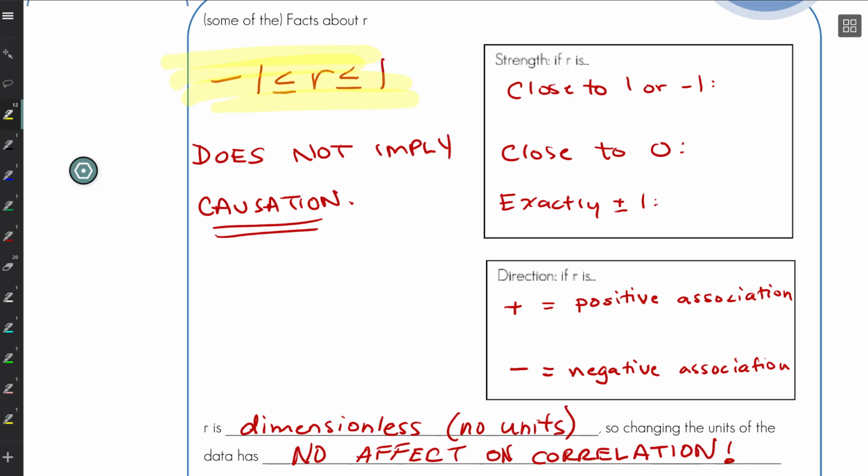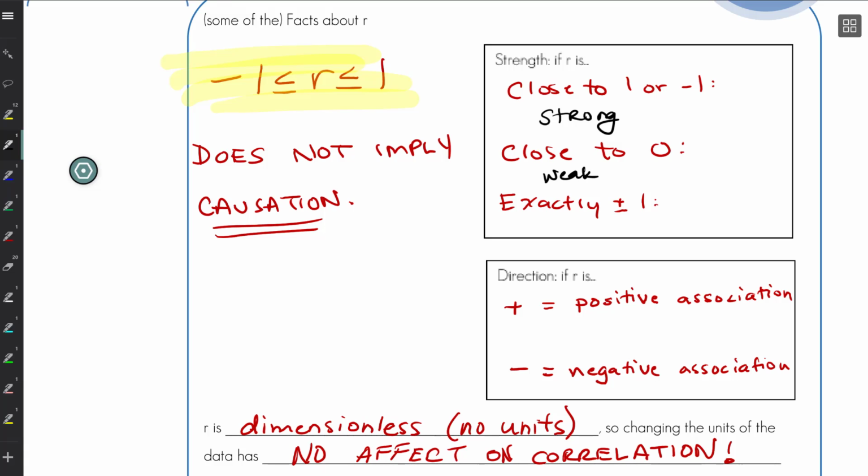Next, strength. How do we actually quantify this? If the correlation coefficient is close to 1 or -1, then that is going to be strong. The closer you are to either 1 or -1, the stronger the relationship. The closer you are to 0, the weaker the relationship.